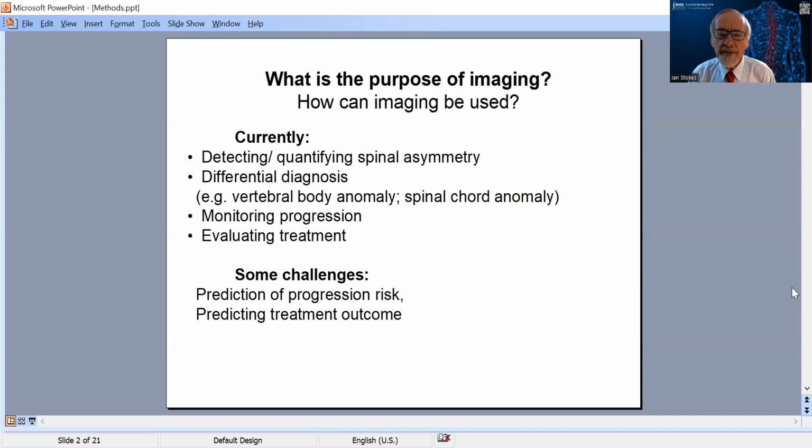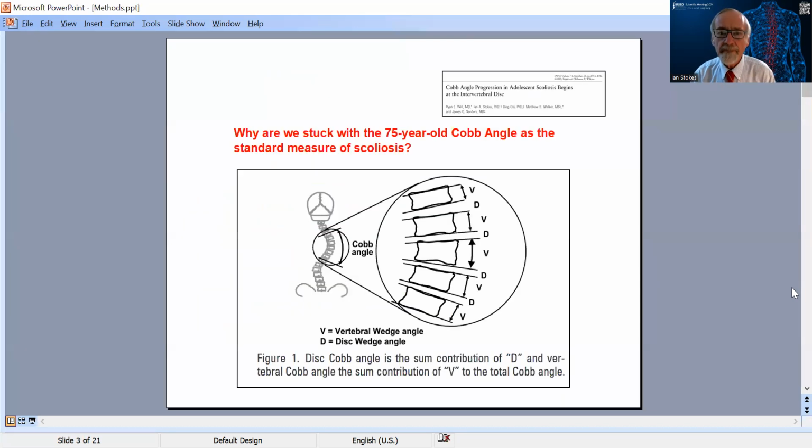But there are many challenges for increasing the uses of imaging, in particular, drawing attention to prediction of progression risk and predicting treatment outcome.